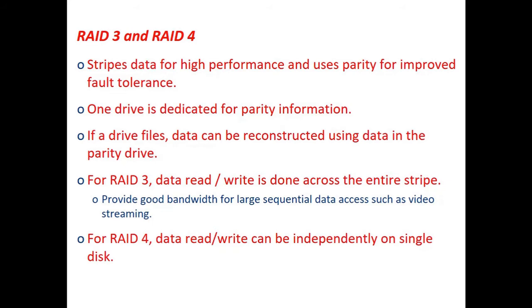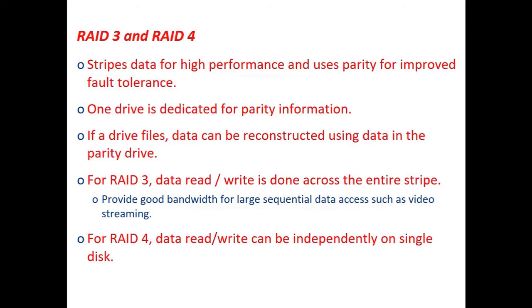If one of the hard disk drives fails, in case of RAID 3 and RAID 4, data can be reconstructed using the data in the parity drive. As we just saw in the previous slide, using that parity value, we can regenerate the data that has been lost in one of the hard disk drives. For RAID 3, data is read or written across the entire stripe.